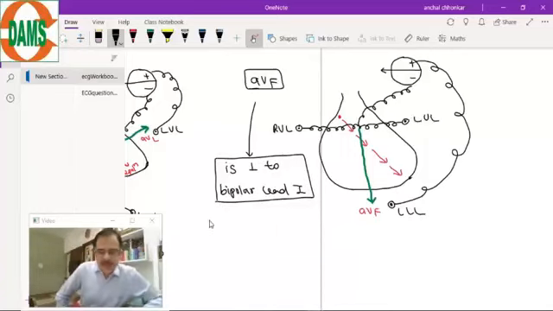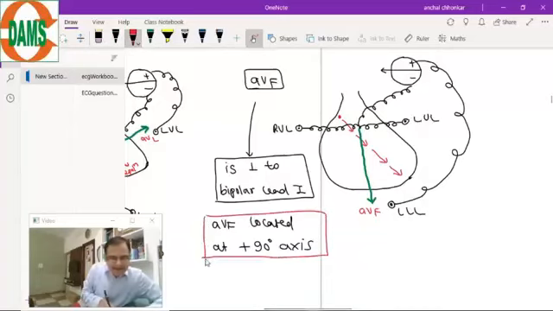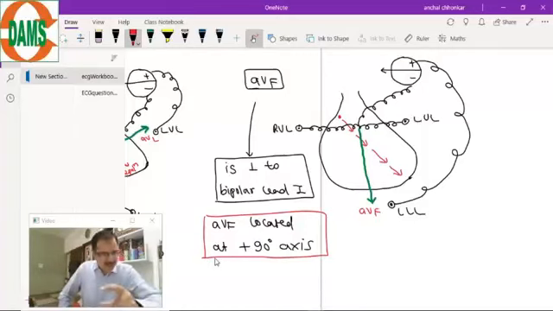The location is perpendicular to bipolar lead 1, and hence AVF is located at the plus 90-degree axis. It is located at the plus 90 degrees because it is perpendicular to lead 1.